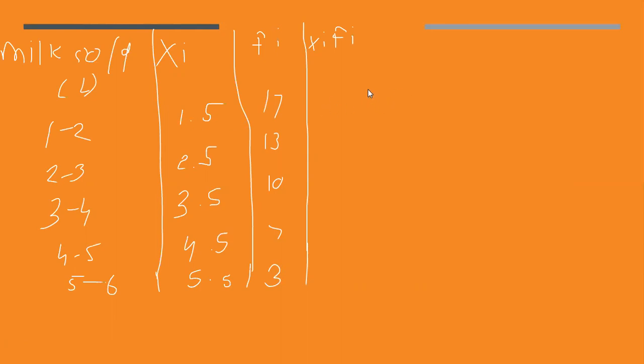So 17 into 5 is 85, here it will be 25.5. Then here 32.5 will come because 2.5 into 13 is 32.5. Then 3.5 into 10 is 35. 4.5 into 7 is 31.5 and 5.5 into 3 is 16.5.